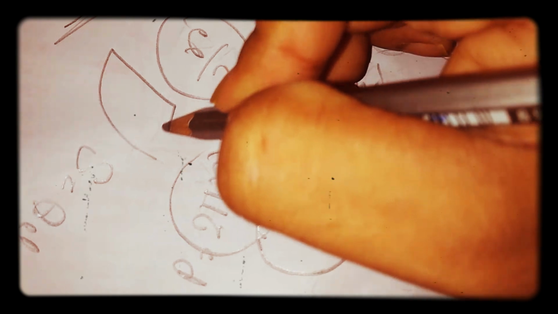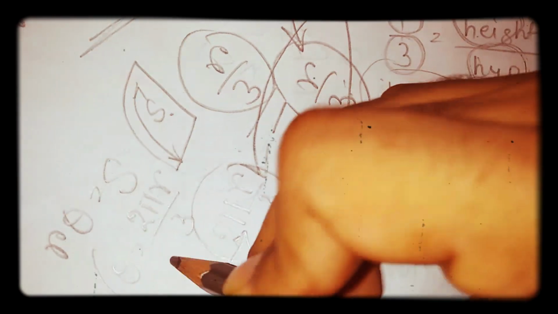Now we knew that r theta is equal to S. That means if this was the sector, this particular arc length is S. So we have to equate this with this, and theta would be 2 pi r by 3 divided by r, and on cancellation we obtain 2 pi by 3.